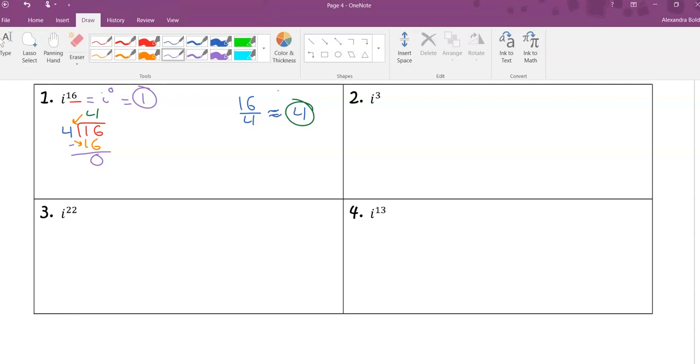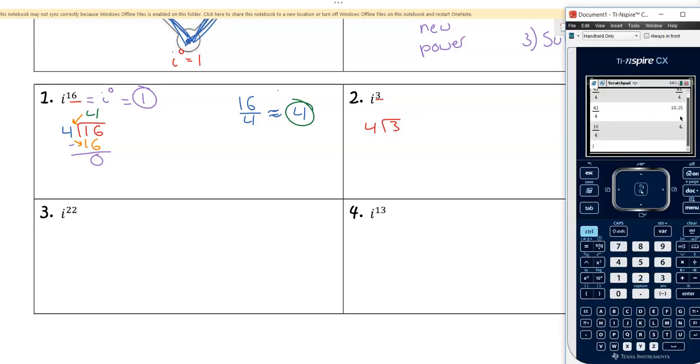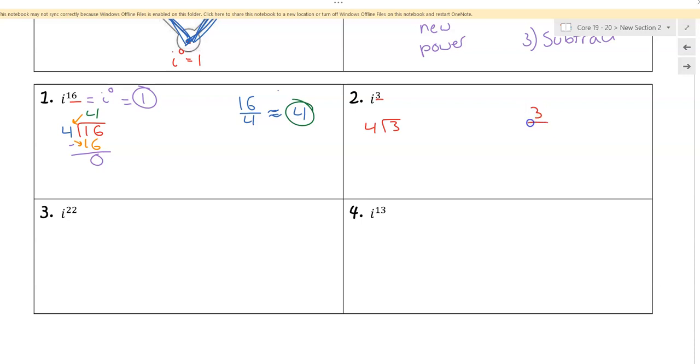Number 2. Same idea, right? So my power is 3. Three divided by 4, Control Enter. Right, and it's that 0.75. We don't ignore that part, we take the 0.